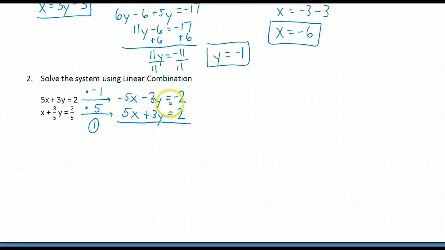Now I'm going to add my equations together, and the reason linear combination works is when I add negative 5x and positive 5x, I get 0. They disappear. And in this case, negative 3y plus 5y also gives me 0.